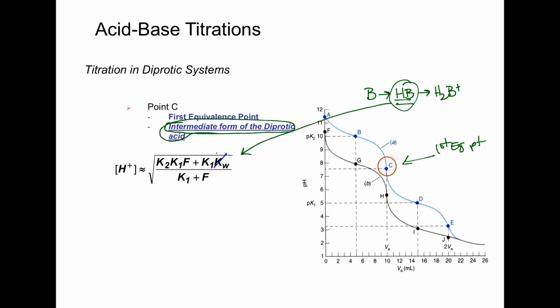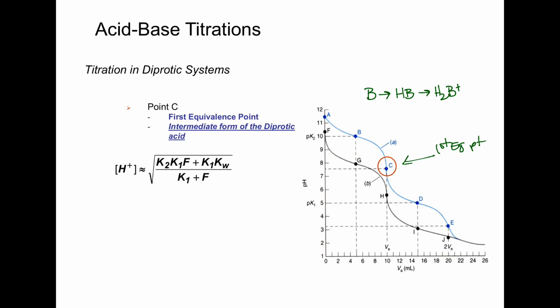You could say that Kw was small. You could say that K1 was small compared to the formal concentration or the initial concentrations. But if you have all the numbers, you can just put them in. The only thing that we need to do that might seem a little bit tricky is we just need to account for dilution here. We need to account for how the concentration has changed because the volume has changed.